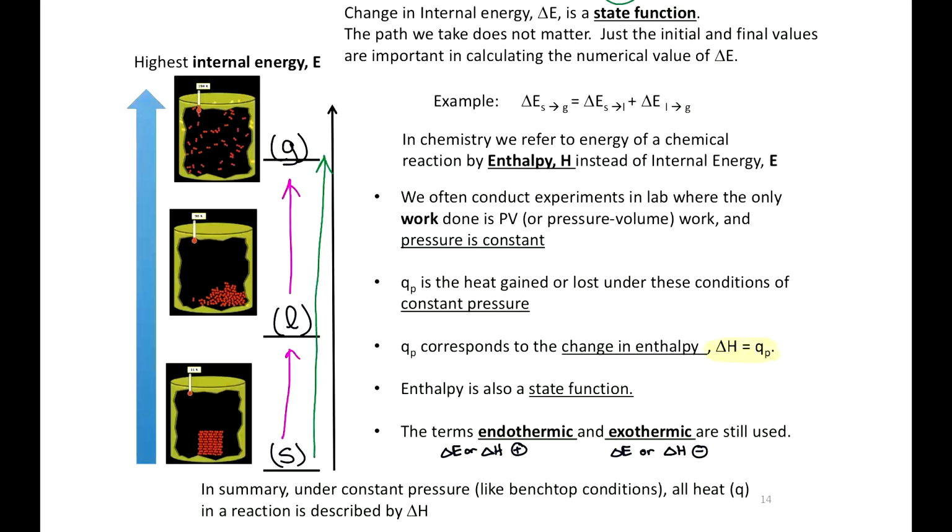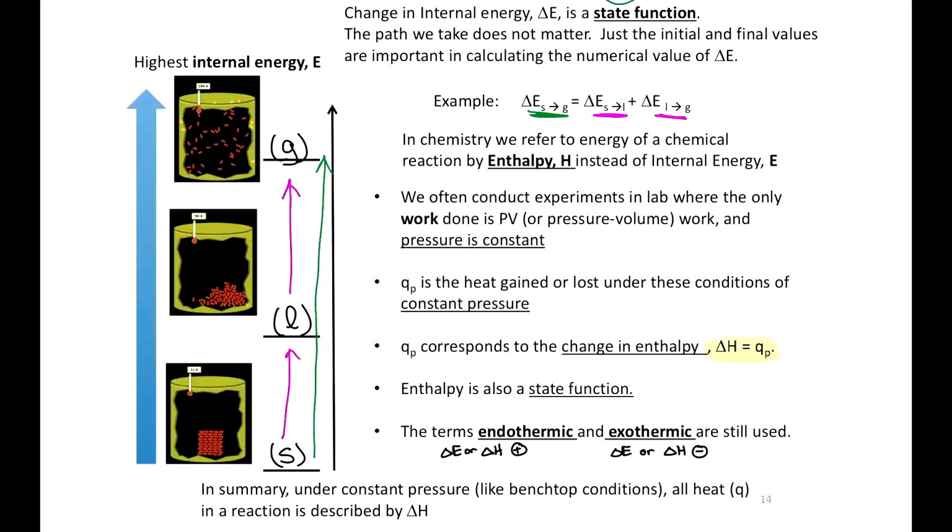So basically, we can do this physical change in 1 step, or we can do it in 2 steps. Those 2 energy changes are equivalent. I have that mathematically up here. So that green arrow, the energy to go from solid to gas, is actually the same energy it takes to go from solid to liquid plus liquid to gas, right? So we can add up these steps to equal 1 entire process, and we're gonna utilize this property in a little bit when we talk about Hess's law.